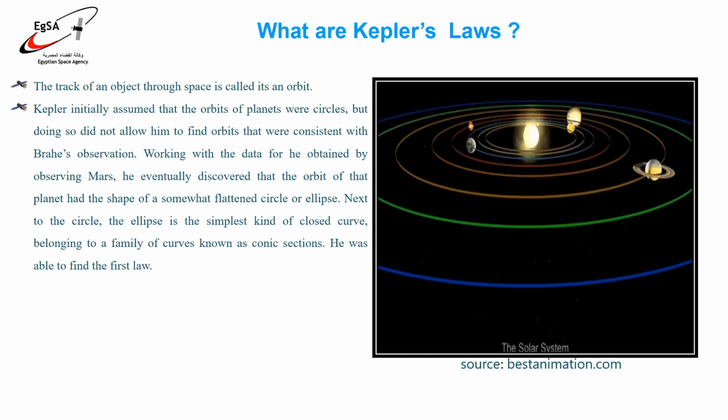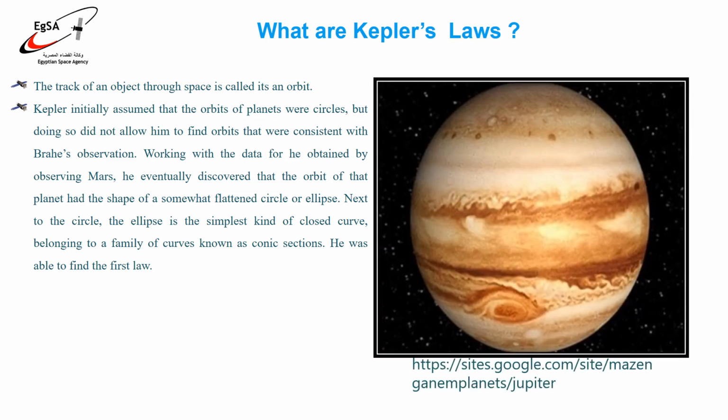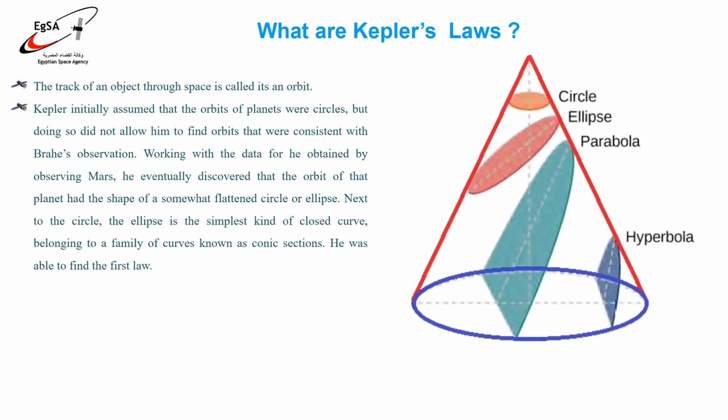Working with the data he obtained by observing Mars, he eventually discovered that the orbit of that planet had the shape of a somewhat flattened circle, or ellipse. Next to the circle, the ellipse is the simplest kind of closed curve, belonging to a family of curves known as conic sections. He was able to find the first law.